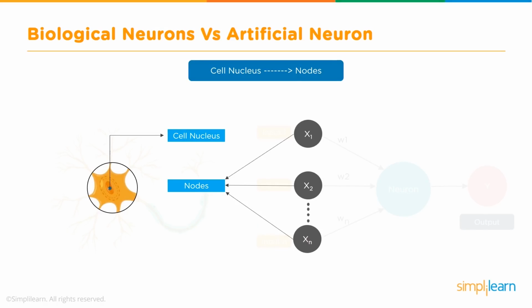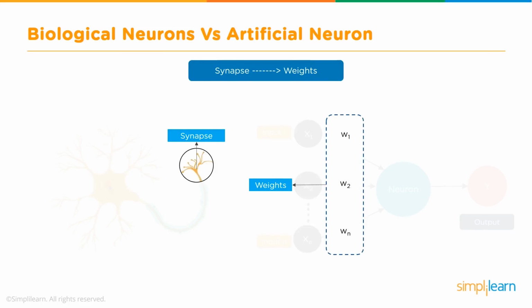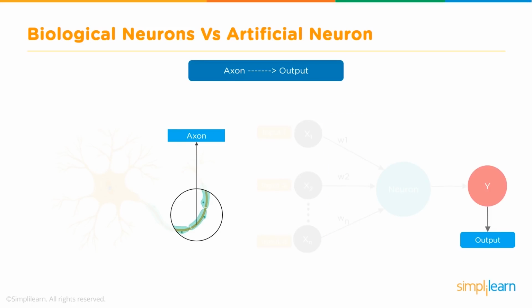So in an artificial neuron also there is a piece which is the equivalent of this cell nucleus, and based on the weights and biases, we will see what exactly weights and biases are as we move on, the input gets processed, and that results in an output. In a biological neuron, the output is sent through a synapse, and in an artificial neuron there is an equivalent of that in the form of an output.